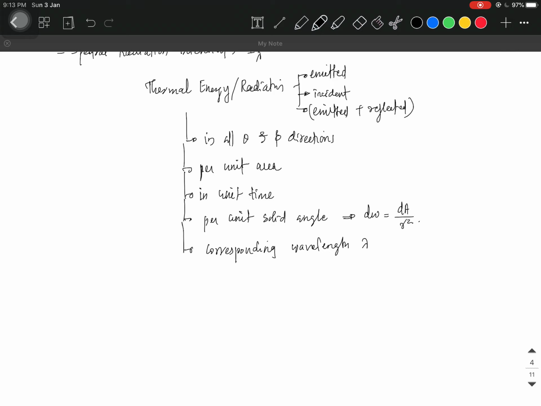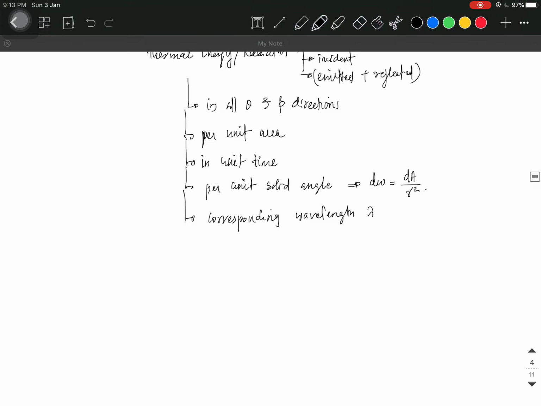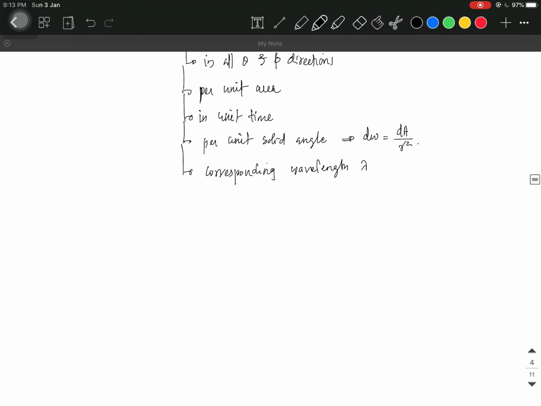This solid angle is denoted by d omega, and it is the ratio dA by r square. I will discuss this particular term in the next sessions. So this is the radiation intensity, or the spectral radiation intensity.